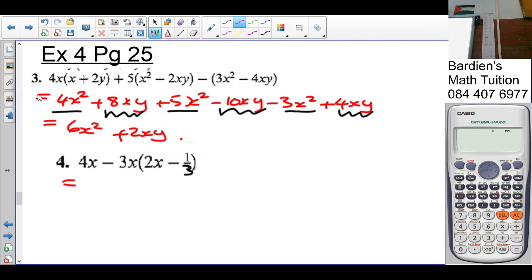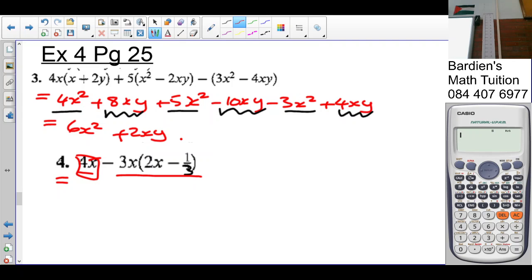Yes, my cousin. 8x squared. How did you get 8? You multiplied the 4x by the 2x. That's what you did. No, my girl. How many terms are there? 2. So before we add and subtract, this has nothing to do with that bracket there.